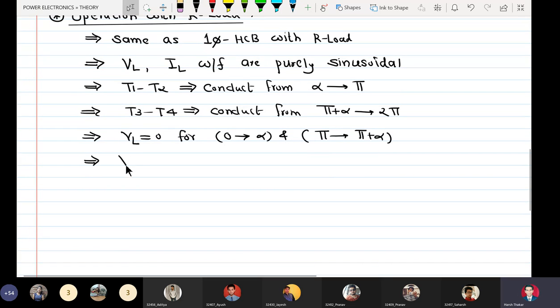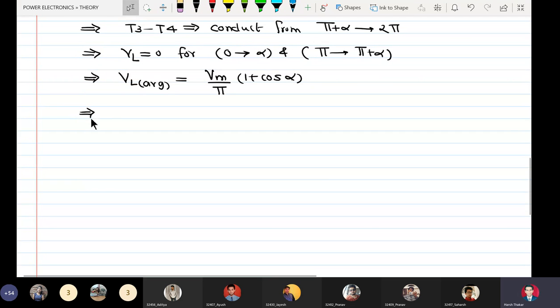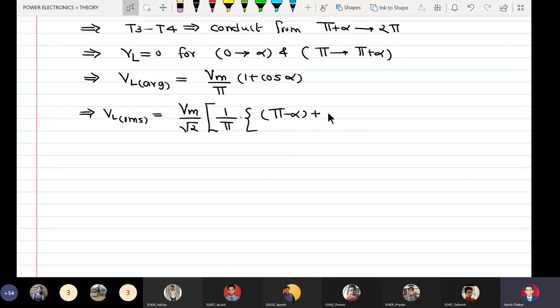And last but not the least, the value of VL AVG is same as in half control bridge, Vm upon pi into 1 plus cos alpha. And we also can derive that the RMS content of the waveform is given as Vm by root 2 into the big bracket 1 upon pi into pi minus alpha plus 1 upon 2 sine 2 alpha whole under root.